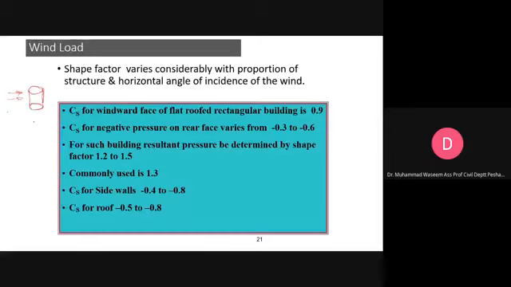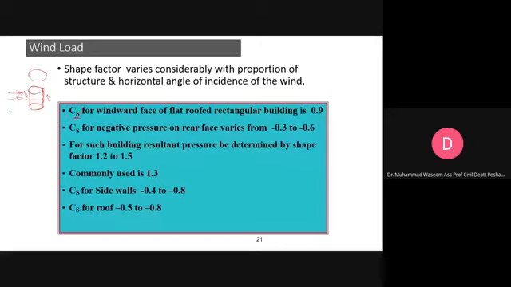If we see the cross section here, if this is circular, and your building is rectangular or square, it will experience more pressure. In order to take the shape of the building into account, and the horizontal angle of incidence of the wind, we use different factors.